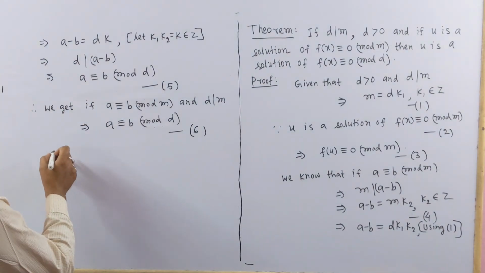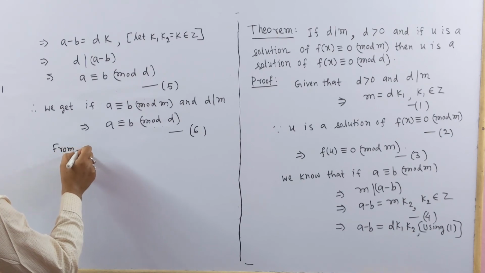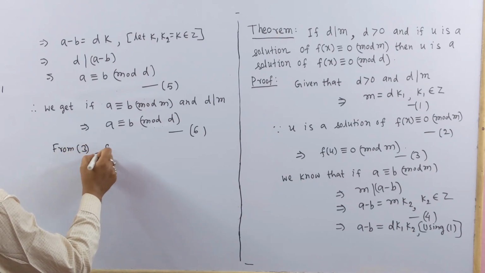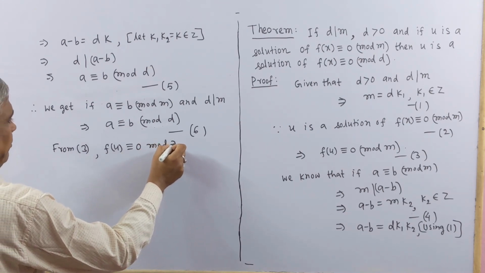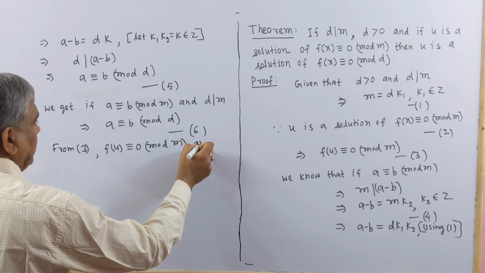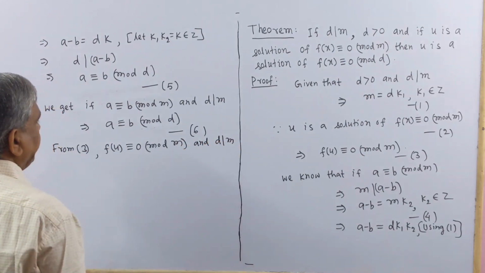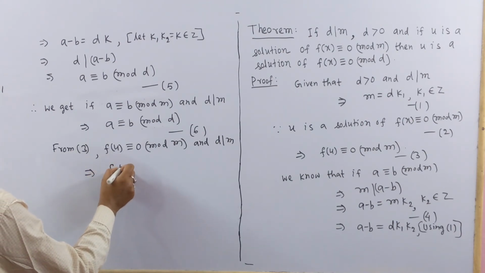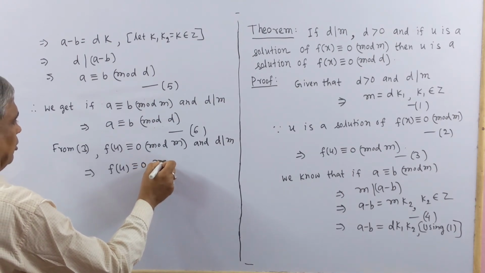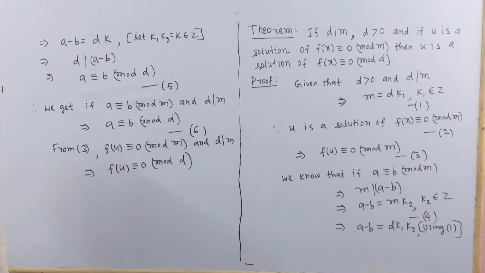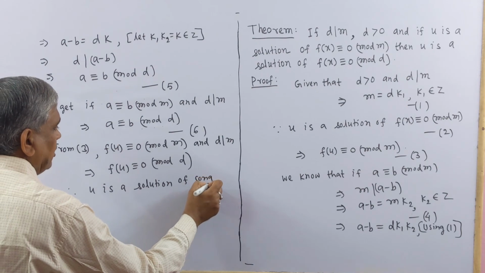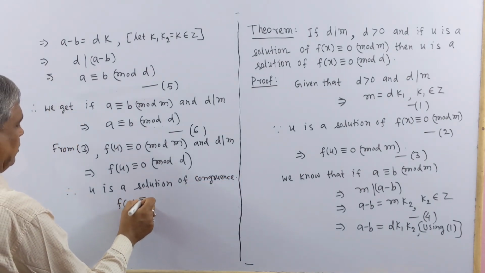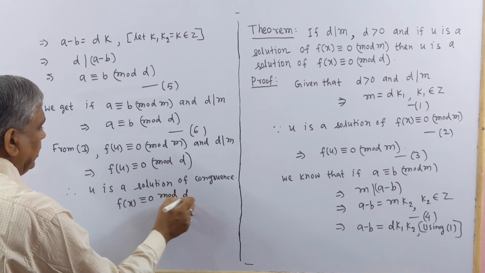Since from 3, f(u) is congruent to 0 modulo m and d divides m, it implies that f(u) is congruent to 0 modulo d. Therefore u is a solution of the congruence f(x) ≡ 0 (mod d). Proved.